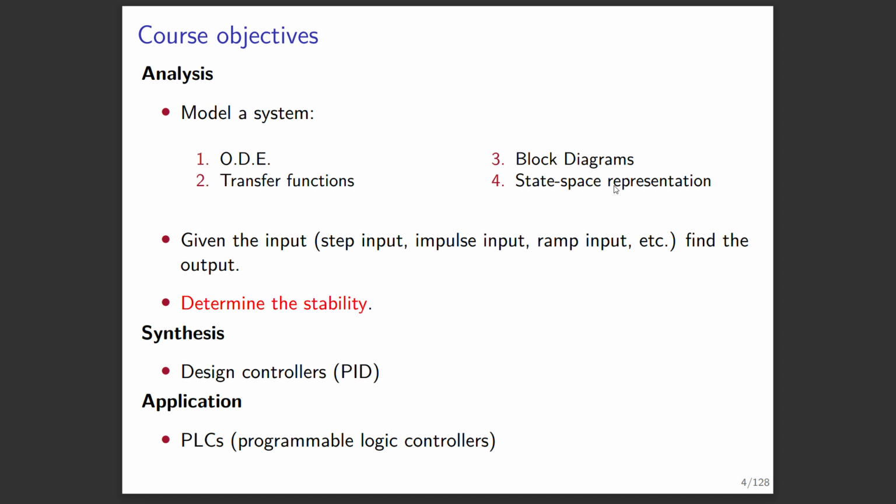Then we studied how a first order system or a second order system reacts or behaves if I give it certain input. Now we want to study stability, which still is in the domain of analysis. We are analyzing a system. So now I have a model of it. I have one of these four ways of describing the system. Now I want to see and learn more about the behavior of it.